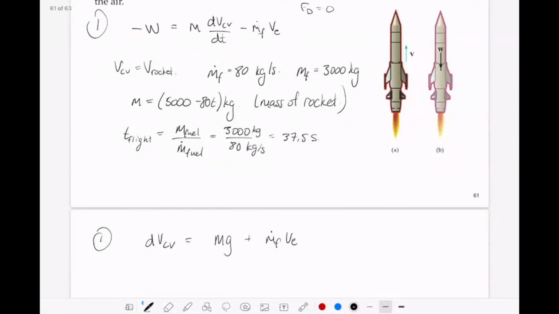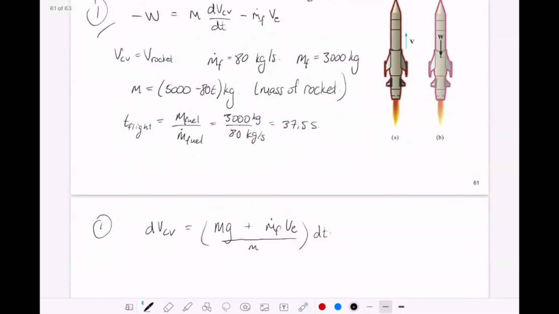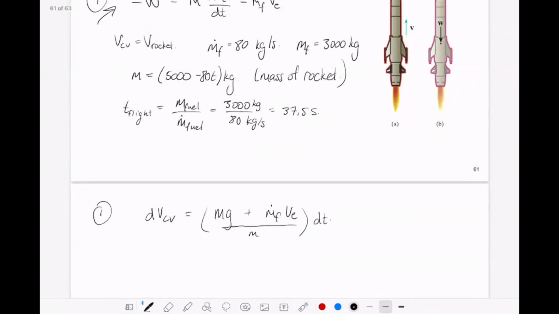And let's move our mass, our m, over to this side. This is all times dt. So all I've done is rearrange that first equation above. I moved all of our non-accelerating terms, w, mf, and ve, to one side, divided by mass, and multiplied by dt. So we can integrate both sides of this equation now.